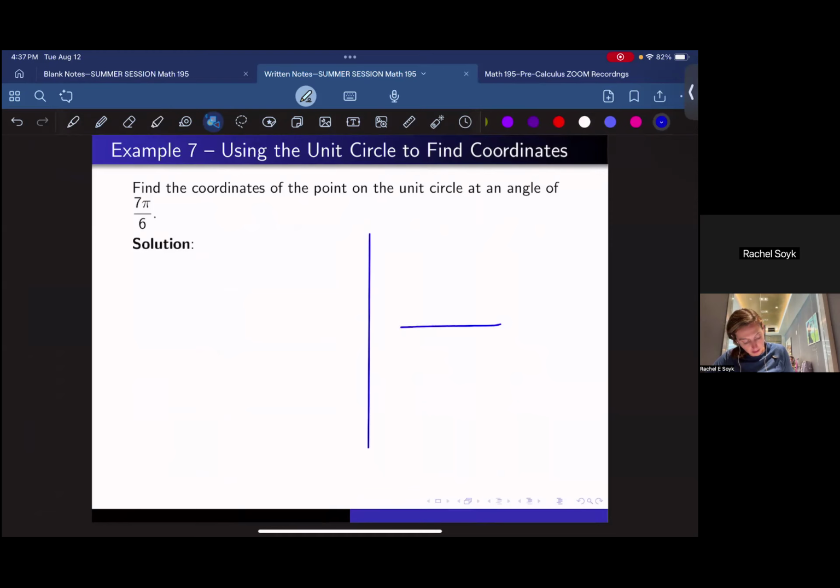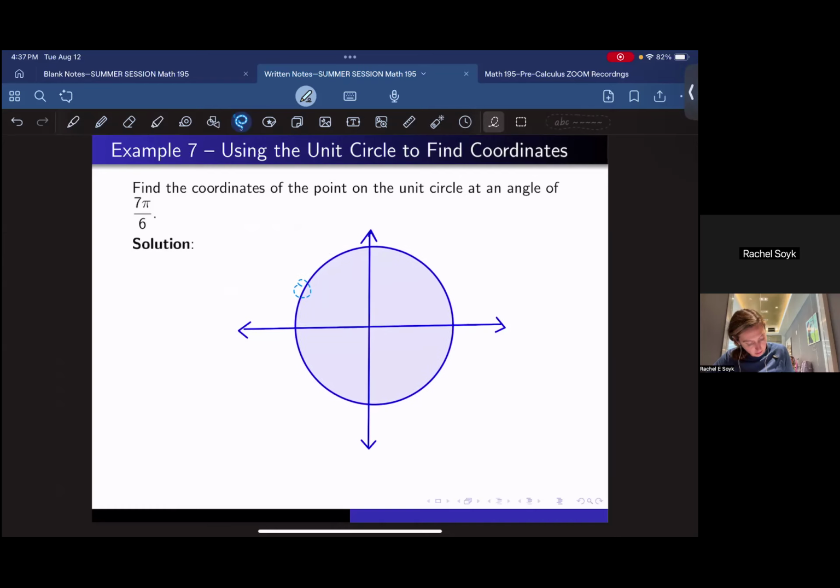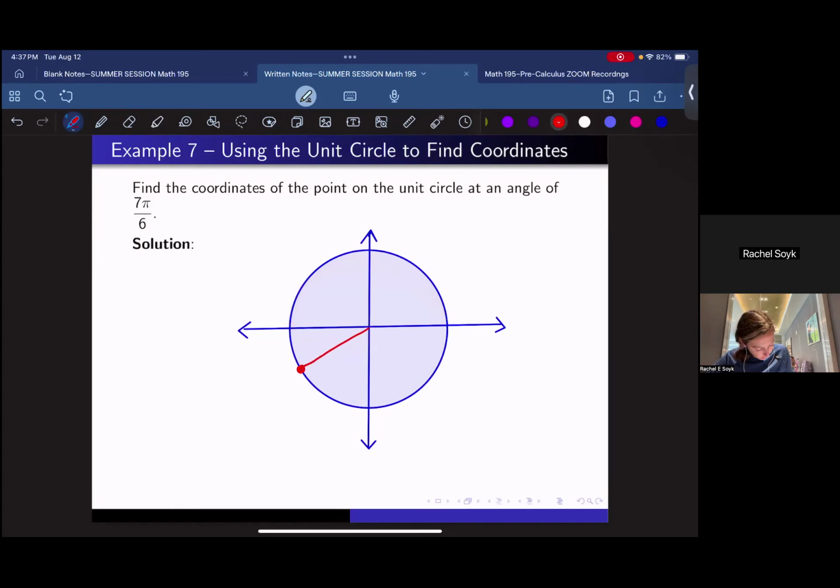Let's create our unit circle. 7 pi over 6: well, 6 pi over 6 goes over here, and then another pi over 6 is down over here. We want to find that P. So what is our reference angle here? That's just pi over 6.